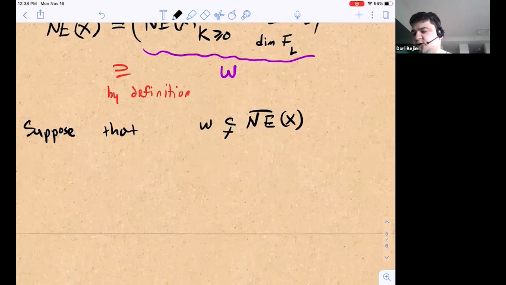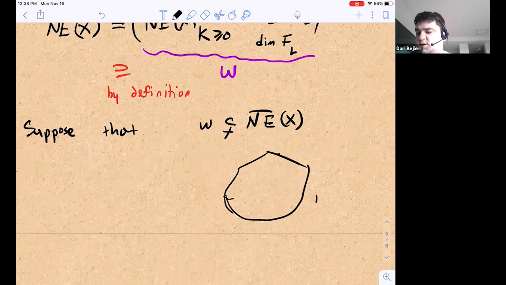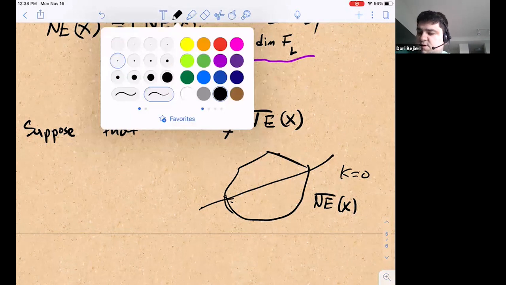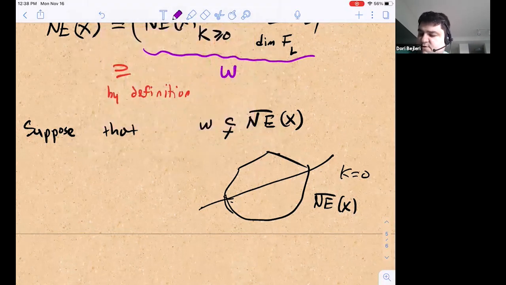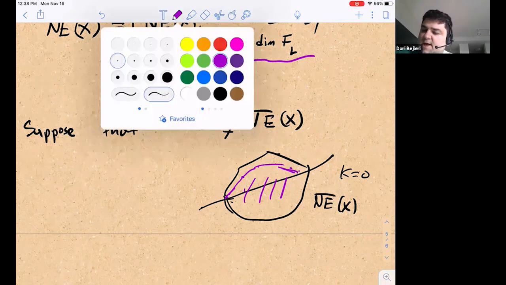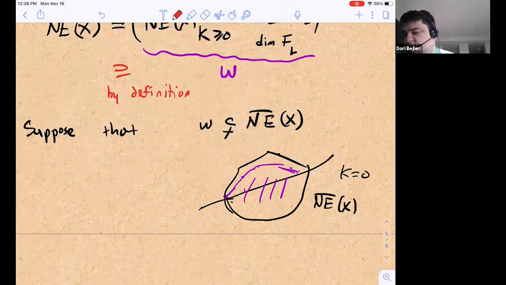So I'm going to draw some picture. So we have NE bar, and then here's K equals 0, and then we have this W, and if there's a strict inclusion, then W will have to be spanned by some rays over here, and it's some closure like this, and so we have this room between W and NE bar, because W is a closed subset inside of NE bar.